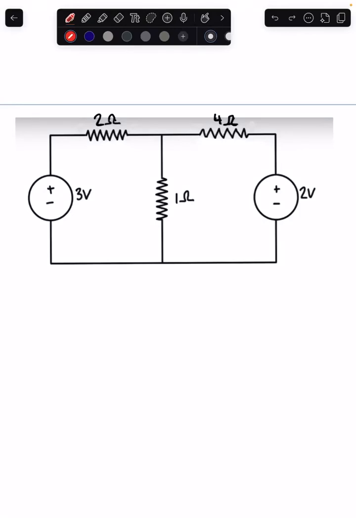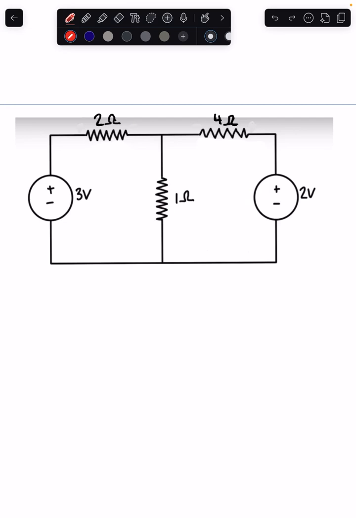Hi everyone, in this example I am going to explain mesh analysis in a simplified way. So step number 1 will be drawing the currents in each branch. Currents usually start from the positive side of the batteries.